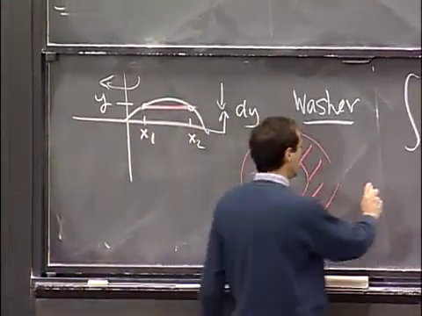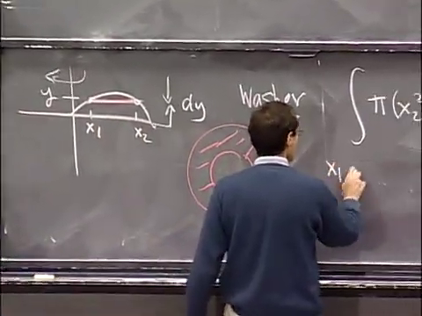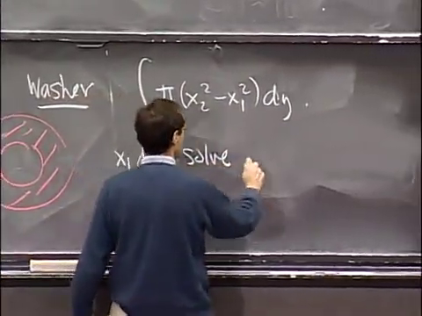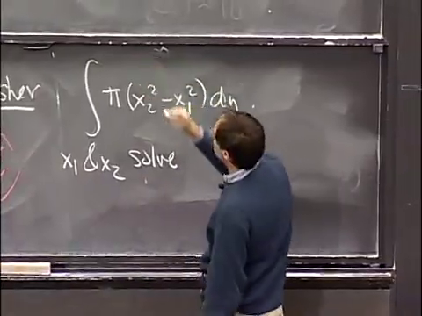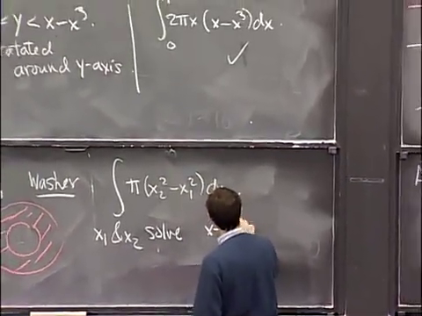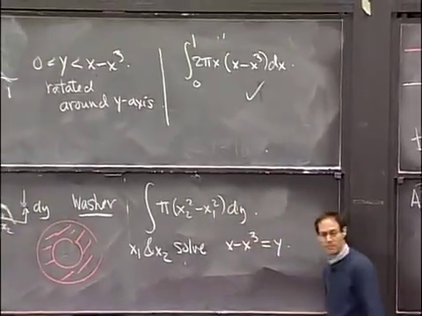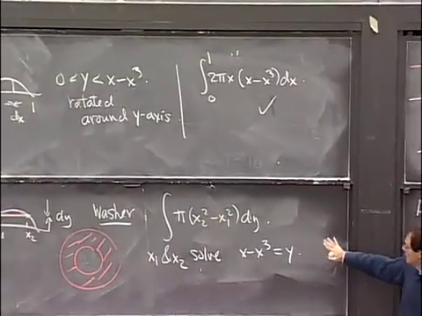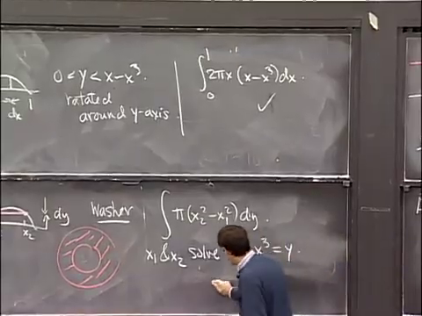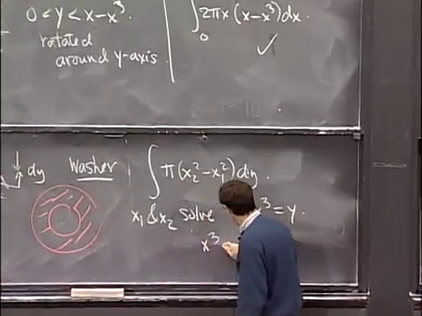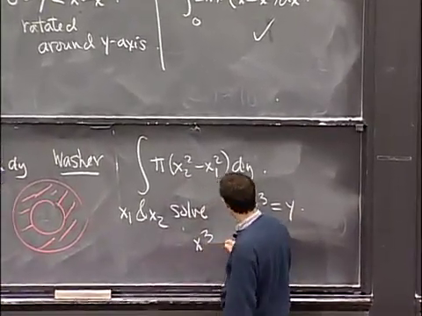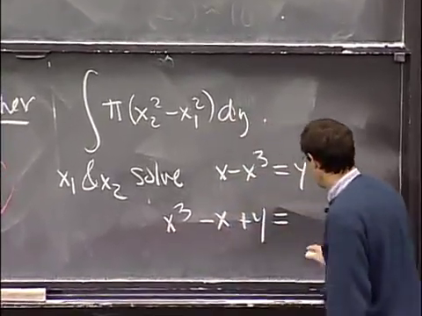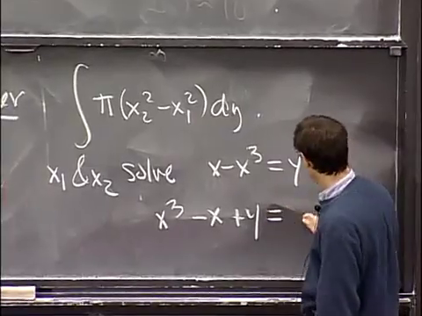So that's the following equation. x1 and x2 solve the equation that the curve x minus x cubed is equal to y. Now, look at this equation. That's the equation x cubed minus x plus y is equal to 0.